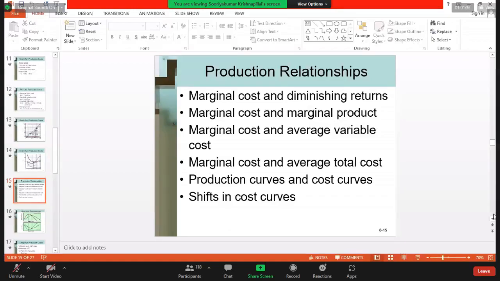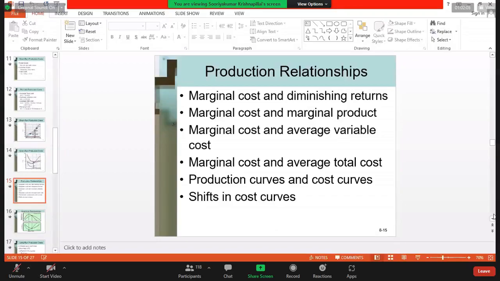So when the variable input price changes, the average variable cost, marginal cost, and average total cost all three will change. If the fixed input price increases, only average fixed cost and average total cost will change. So that is how the cost curves change when input prices change.